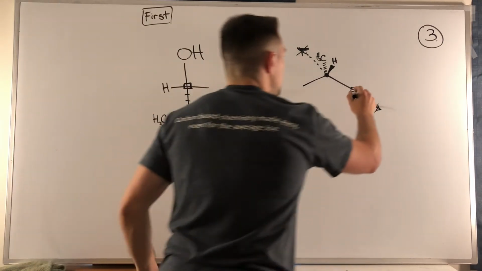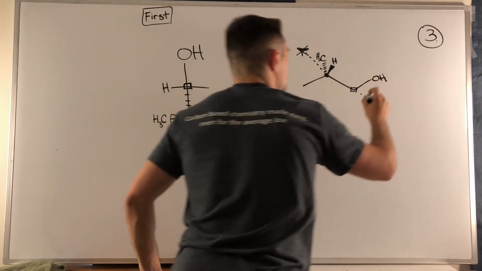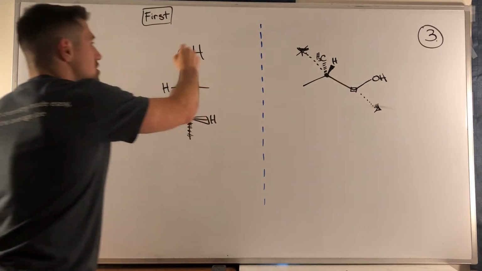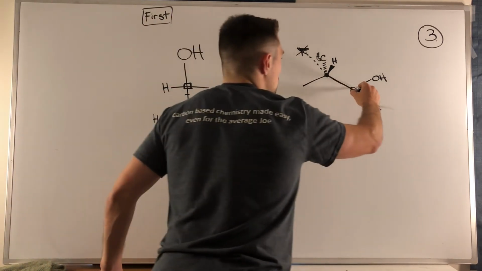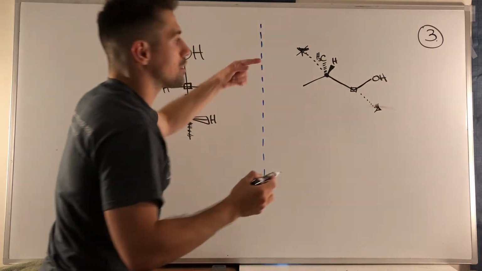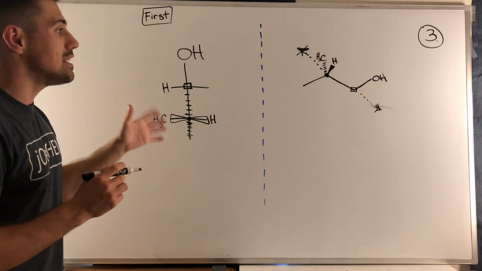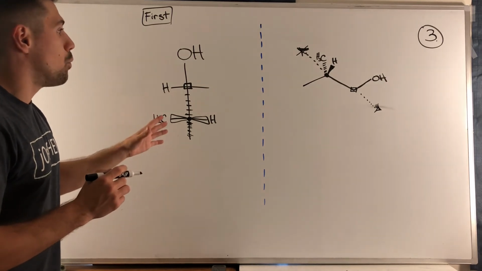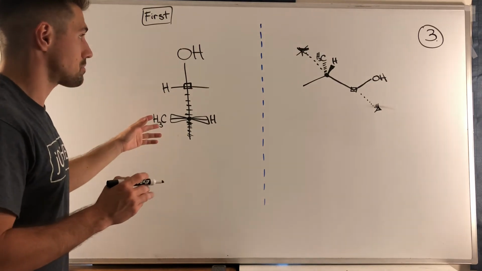So I hope that you're seeing, if I just continue this right off this line right here is this OH. This eye sees this going away from it as well as this going away from it. I know it's kind of going this way towards it, but it is going up and away. So now what we need to figure out is where does this eye see this CH3 and this hydrogen?